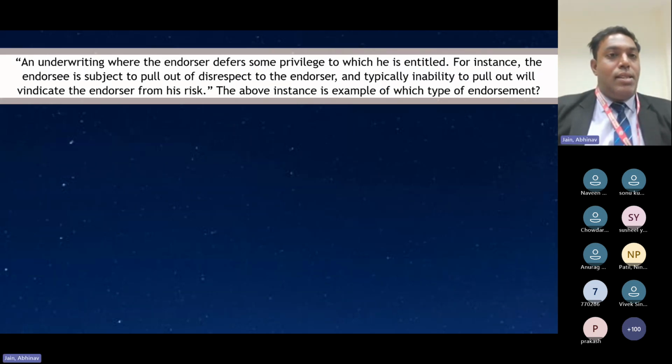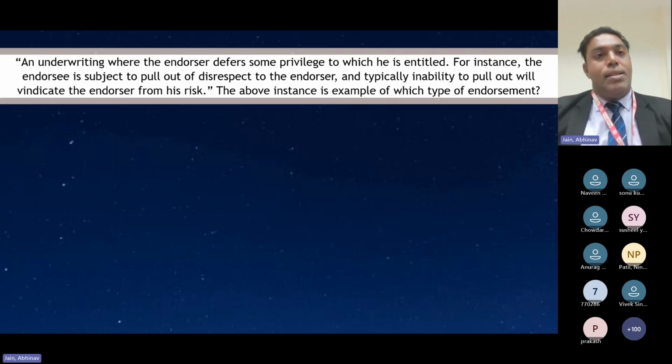Next question: an endorsement where the endorser defers some privilege to which he is entitled. Suppose the endorser has some privilege which he is ready to give away. For instance, the endorsee is subject to pull out of disrespect to the endorser, and typically inability to pull out will vindicate the endorser from his risk. The above instance is an example of which type of endorsement?